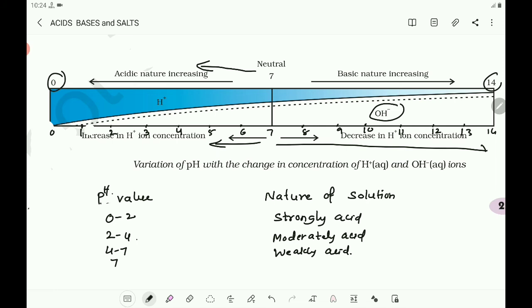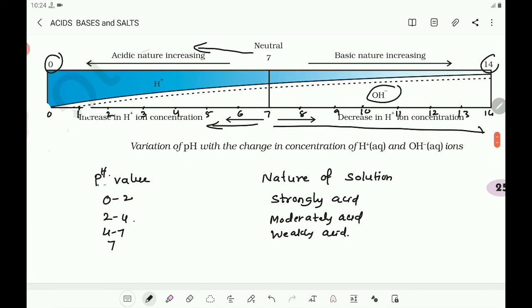If it is 7, you know that it is neutral.